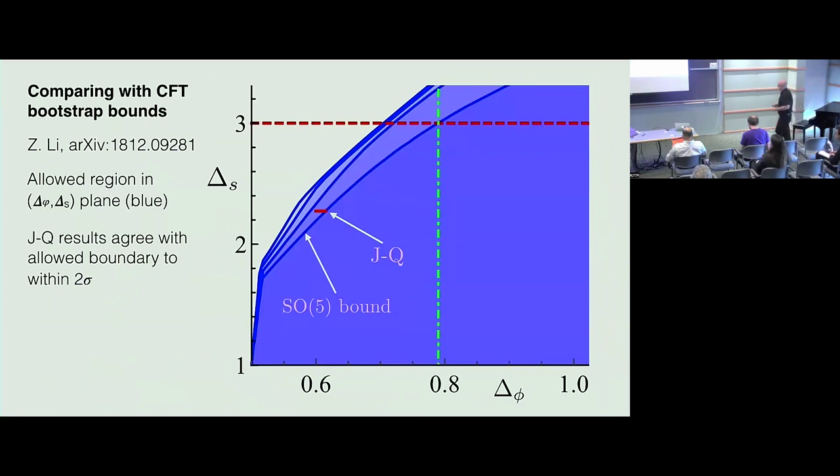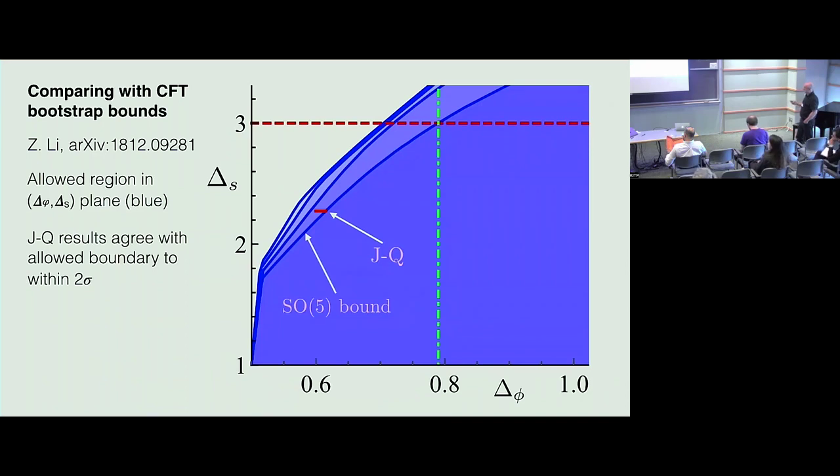So now we can use the kind of results that Shai mentioned, but they only have results for a couple of points. But there's another paper that does some of those bounds in, for example, the plane delta phi and delta s.